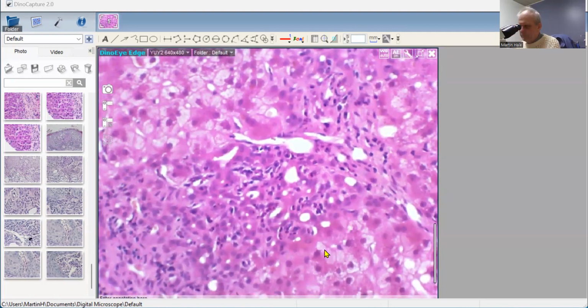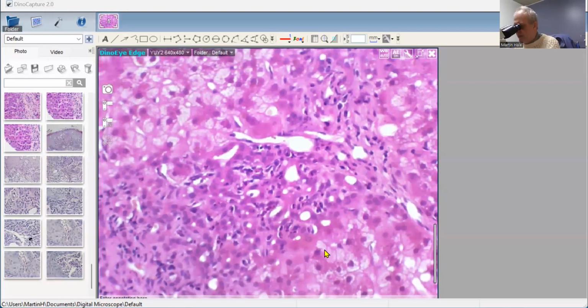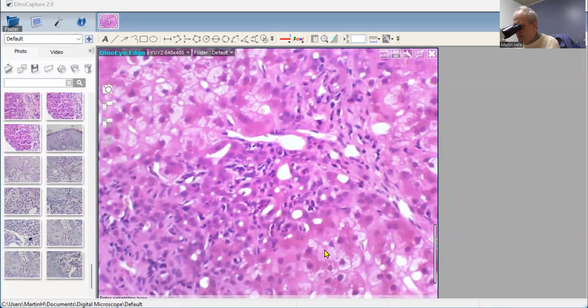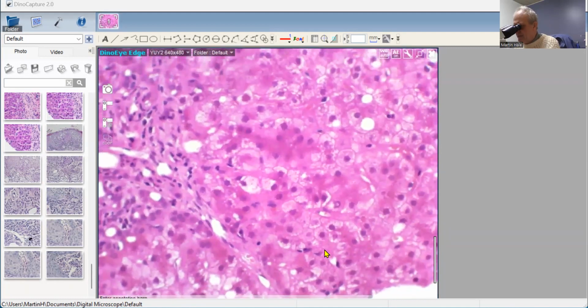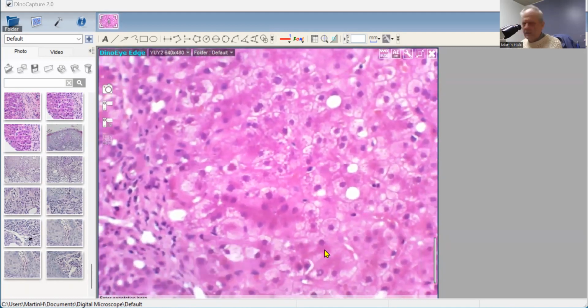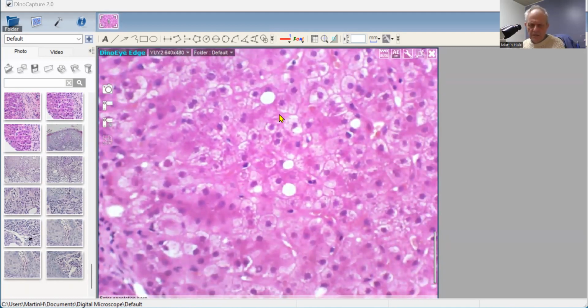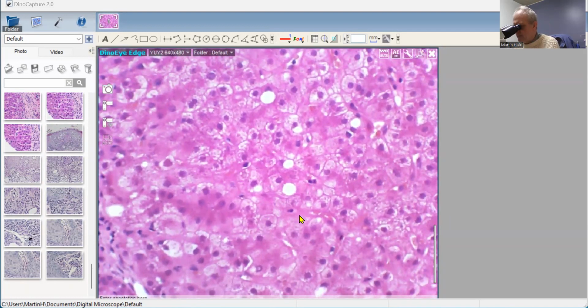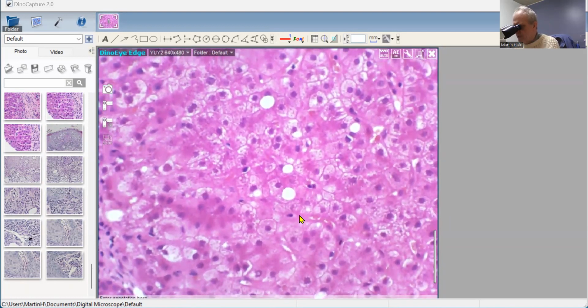Could this be a large duct obstruction? Could this be drug-induced? And when we look at the rest of the tissue, the parenchyma, you can see there's a little bit of steatosis, large droplet steatosis, but there's no evidence of steatohepatitis or ballooning degeneration.